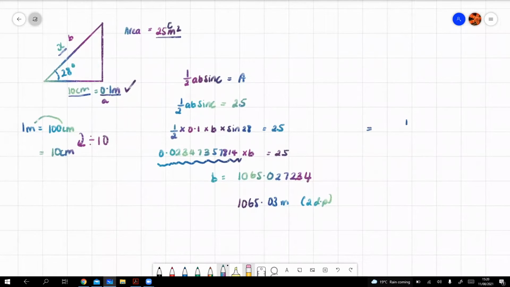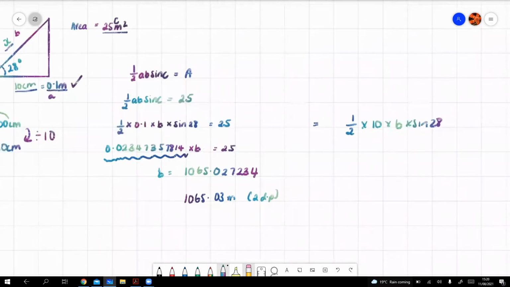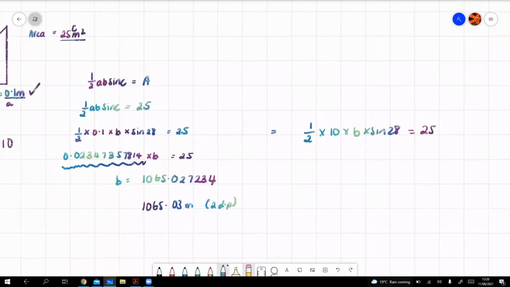So if we work it out without that, let's do half times 10 times b times sine 28 equals 25. Let's just double check. There might be a mistake on this. 0.5 times 10 times sine 28, and I end up with 2.347357814 times b equals 25.